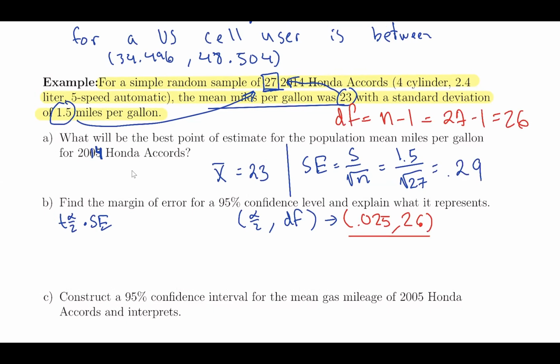If you remember how to enter this into ClassCalc, you do t distribution, you enter 26, then inverse CDF, and you do 0.025. That's how I'm going to enter it into ClassCalc. So let's go ahead and transfer over to ClassCalc.